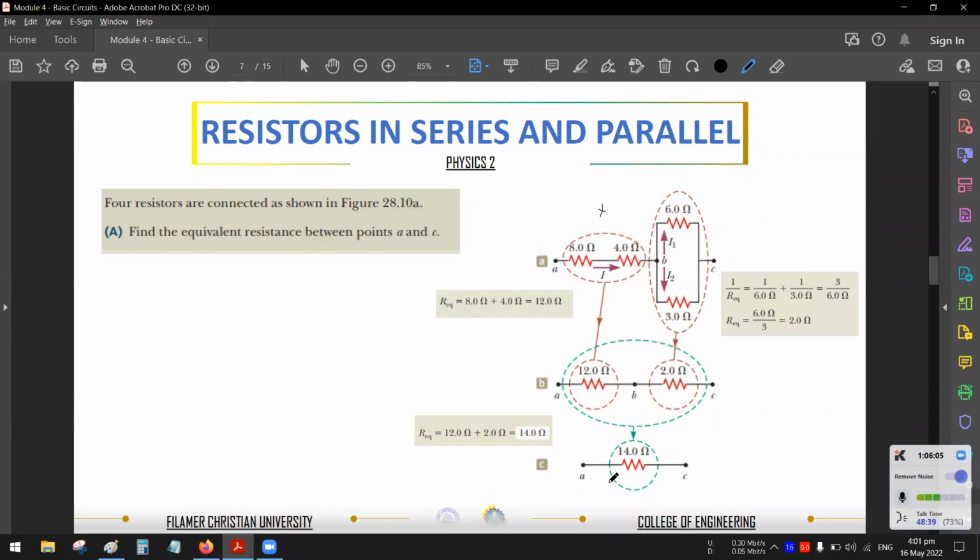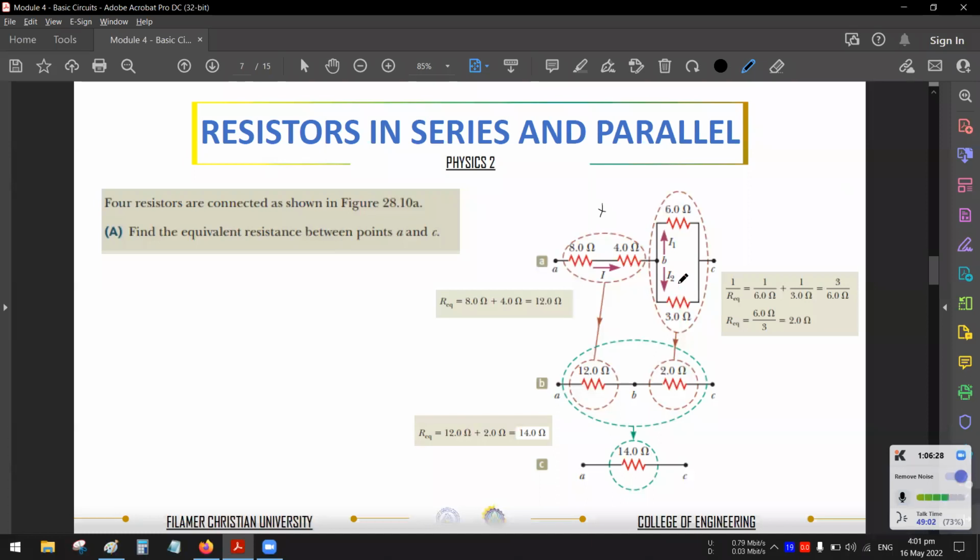Okay, so 14 ohms lang. So this is what we call the combination of resistors that is in series and in parallel. So resistance pa lang to. So what if you have a supplied voltage? What if you have a supplied current? So kukunin mo yung total current sa circuit.